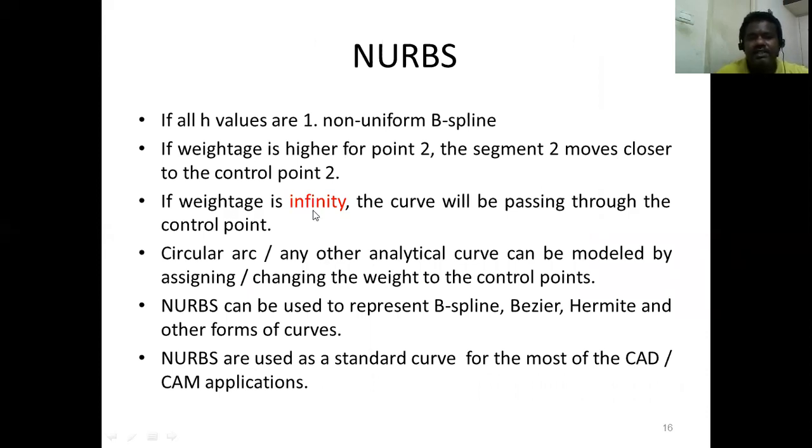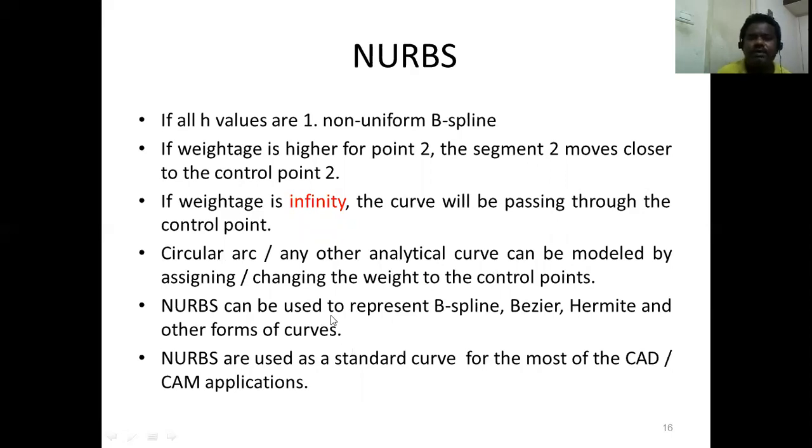If the weightage is infinite, what is the meaning? The curve will be passing through the control point. A very high value means it passes through the control point. A circular arc or any other analytical curve can be modeled by assigning or changing the weights of the control points. NURBS can be used to represent B-spline, Bezier, Hermite, and other forms of curves.